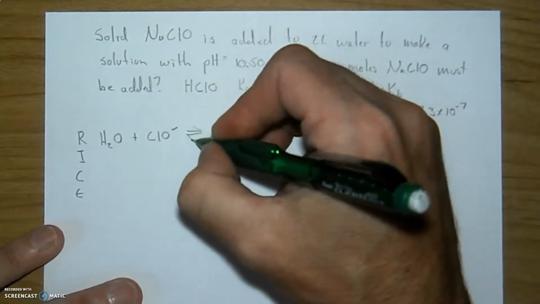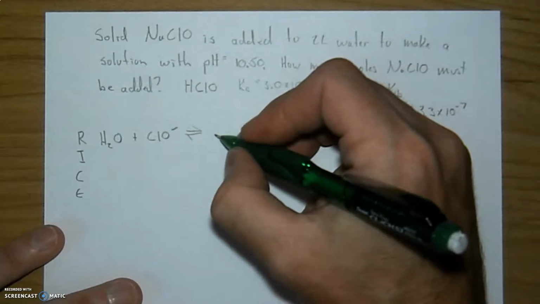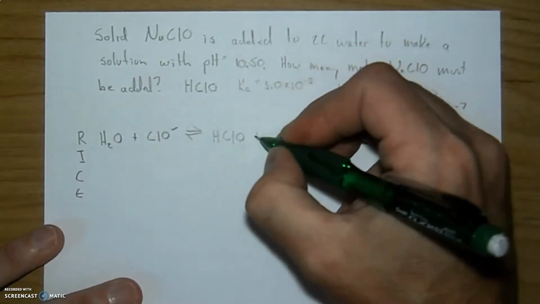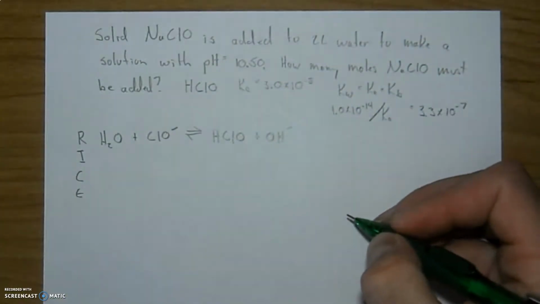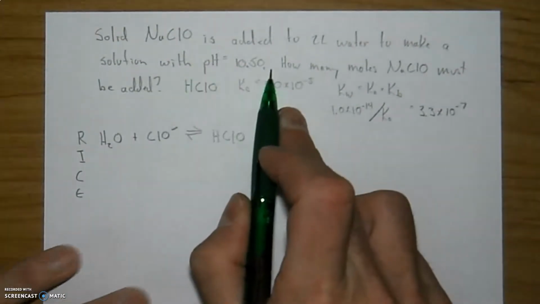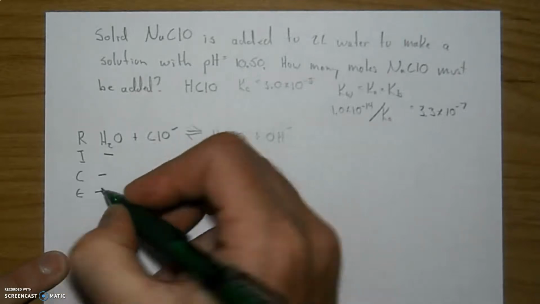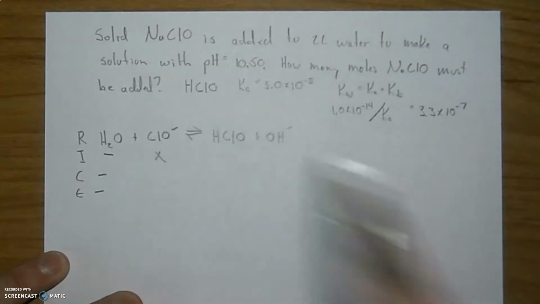And when these are in solution together, of course, it's going to take a little bit of hydrogens with it and form the weak acid. And then, of course, it's going to have a little bit of hydroxide left over. And now we can kind of see how some things are going to fit into the problem because I have pH. I will put the lines here. I don't need to worry about that. I'm actually trying to figure this out here. How many moles of this original stuff do I need?